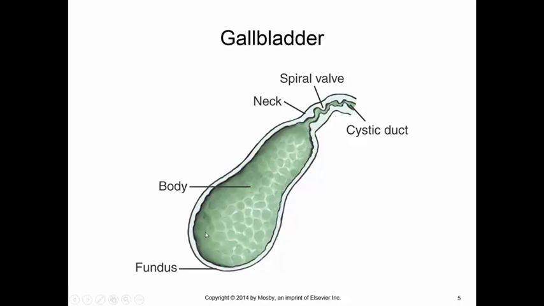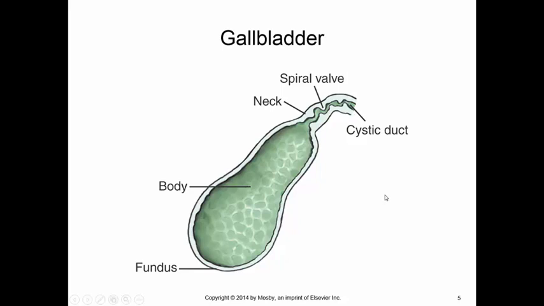At the fundus, that's the broadest part of the gallbladder. The body is the main section, and again, the neck is that narrow little proximal end that continues into the cystic duct. So this whole thing is the cystic duct. And remember that kind of meets up that common hepatic duct, and then below that becomes the common bile duct.